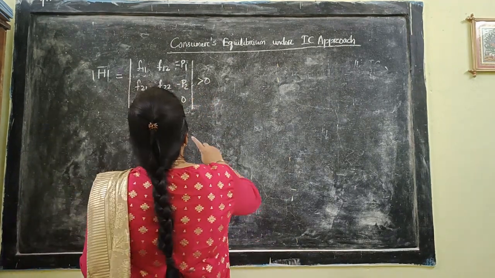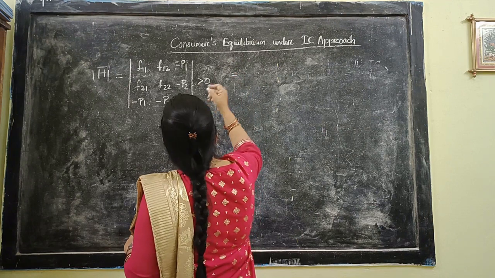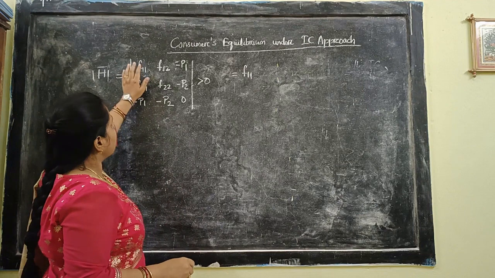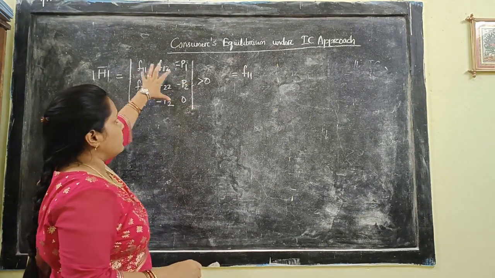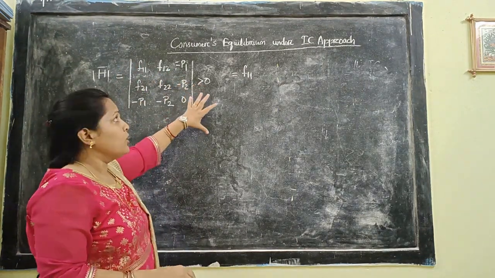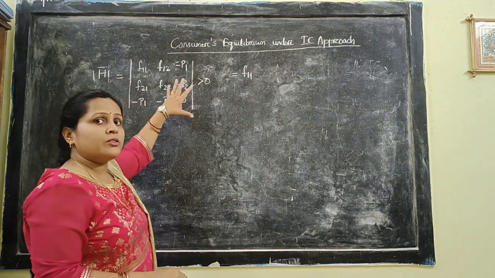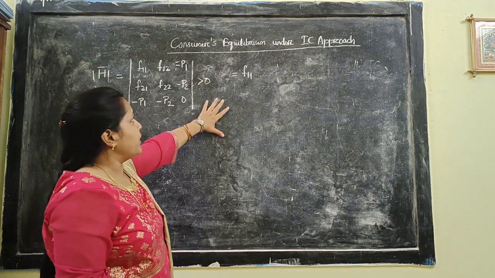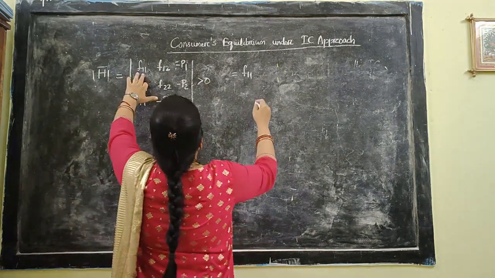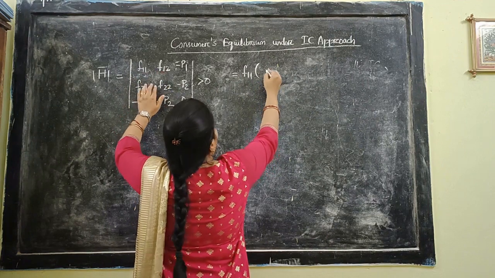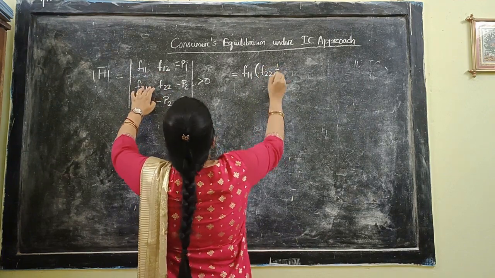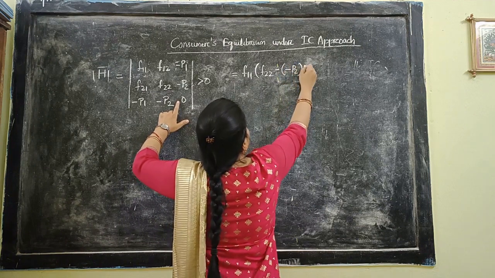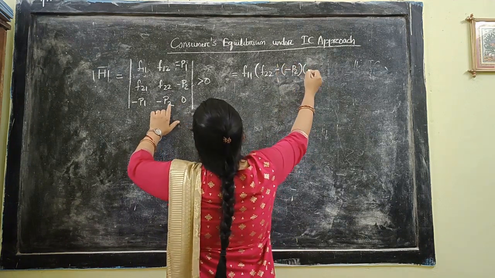So this is equal to F11 into, and to solve this determinant, I suppose that you have the prior knowledge of matrices and determinants. So F11 into F22 minus P2 into minus P2.